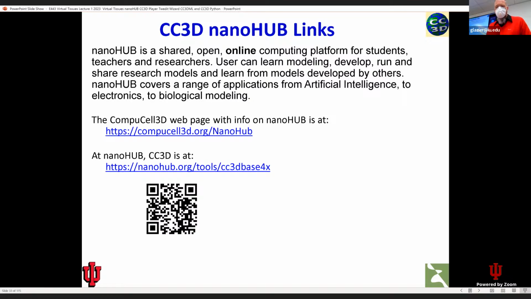Are there any questions from our online people about this? Does anybody need help finding the nanoHUB CompuCell or getting it downloaded? Again, if you have a PC, Windows machine, the download and install is somewhat slow. The new installers are a little bit on the slow side compared to the old ones, but they should just work.